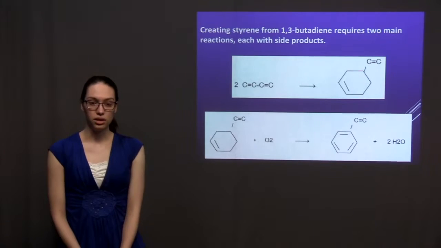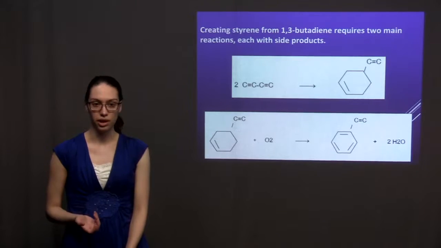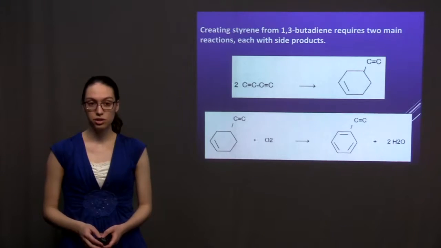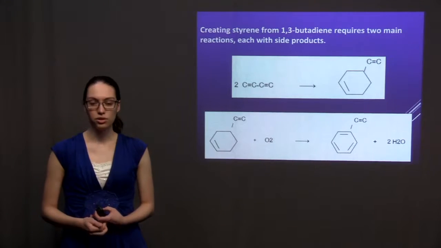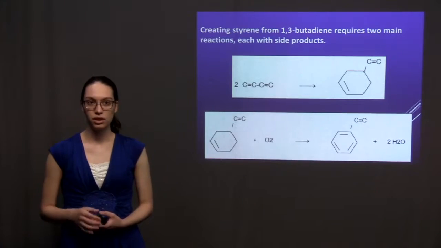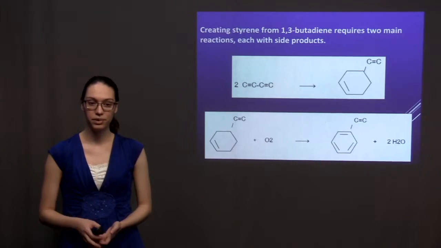How this would be done is through two main reactions. Styrene can be created from 1,3-butadiene through the dimerization of butadiene into vinyl cyclohexene. This has one major side reaction, in which the butadiene also dimerizes to create 1,5-cyclooctadiene.